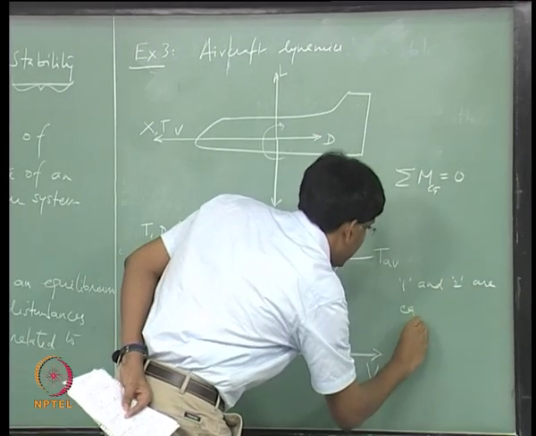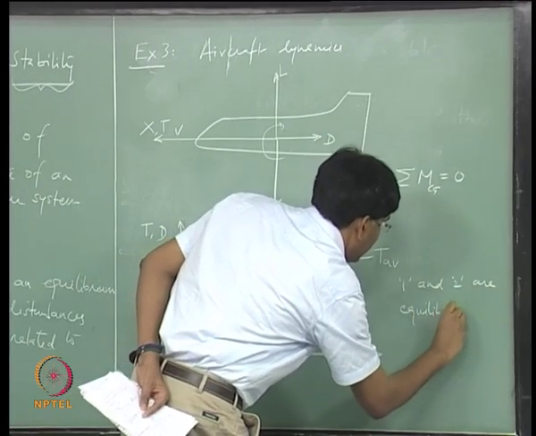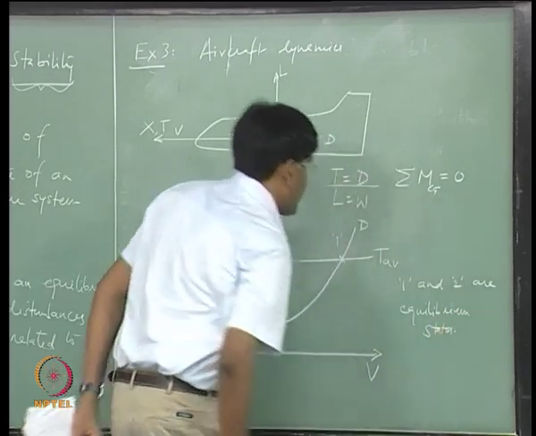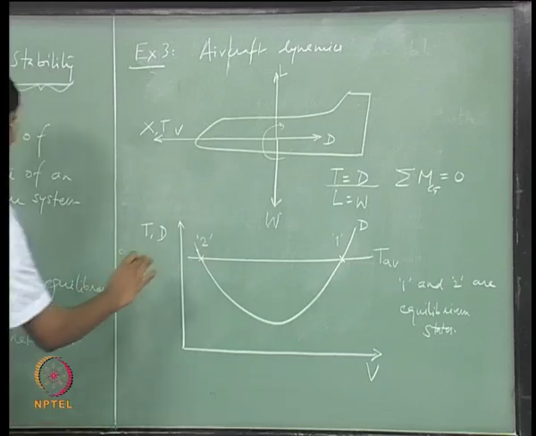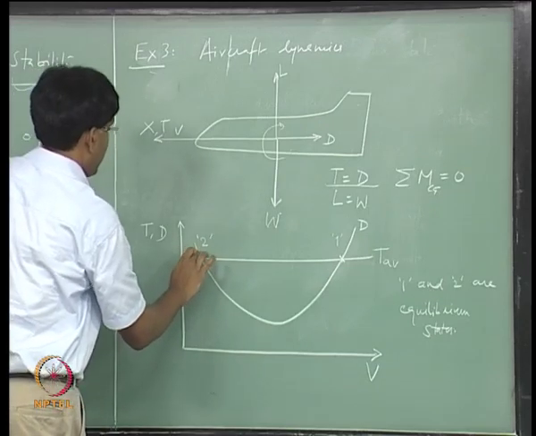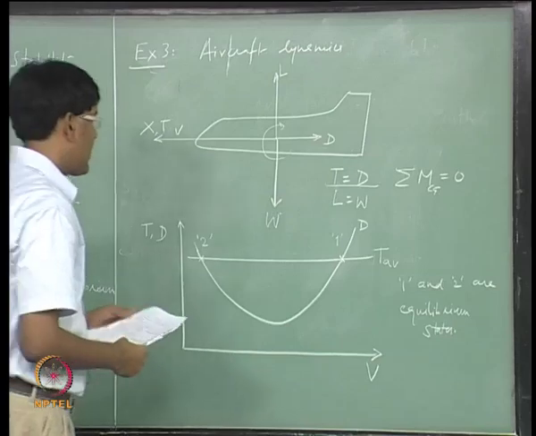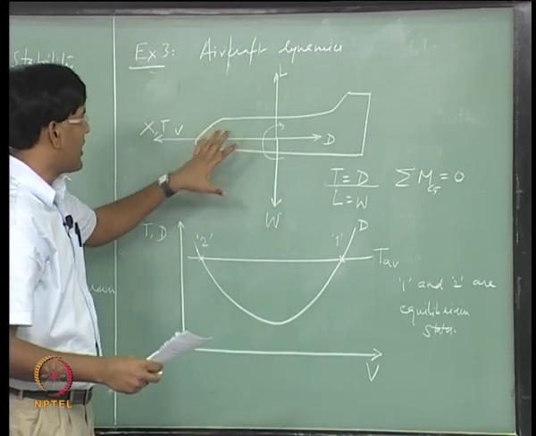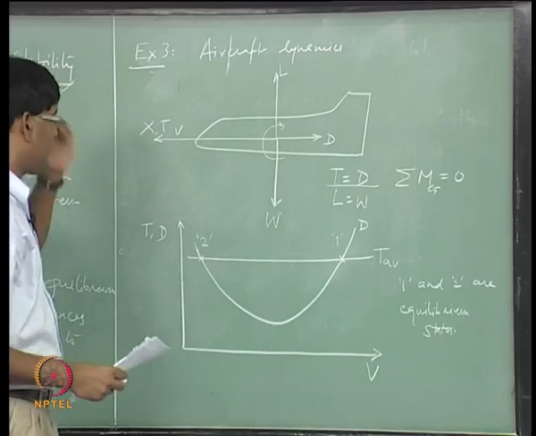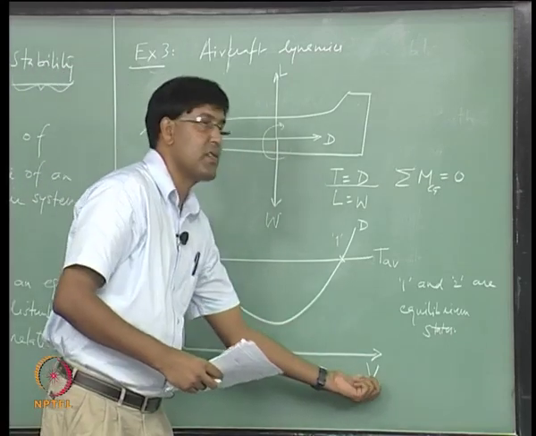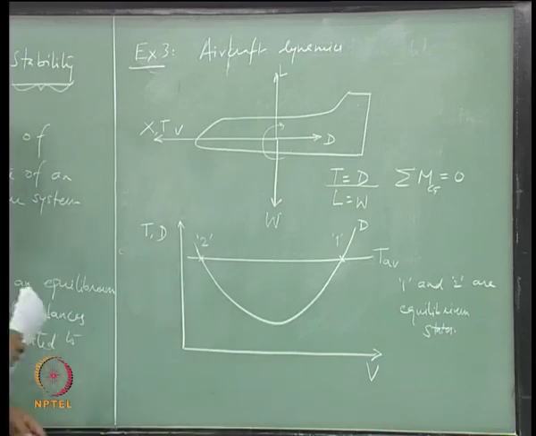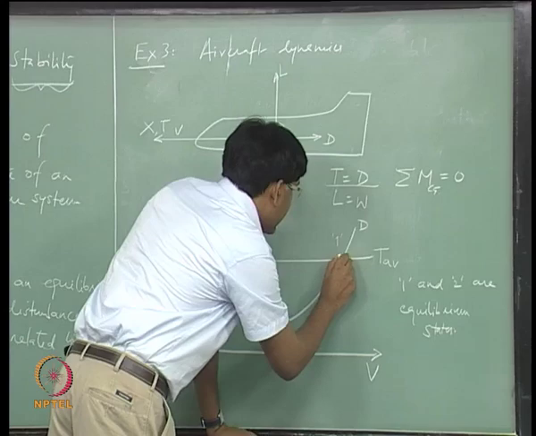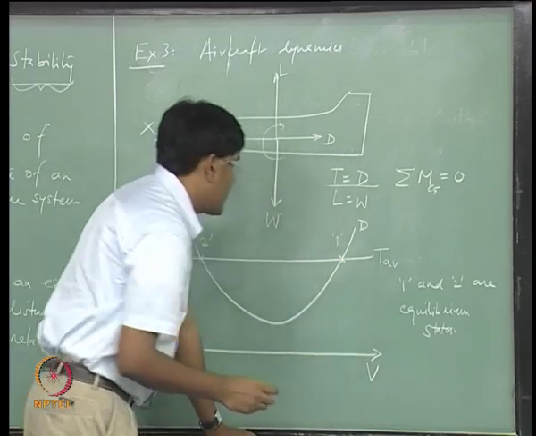These are equilibrium states. We can look at stability with respect to all variables involved here in this longitudinal plane, but here we will restrict ourselves to change in speed in the forward direction. So, let us look at what is happening to this equilibrium state.